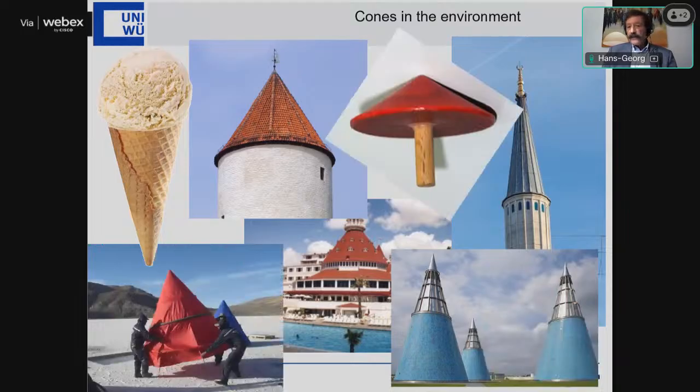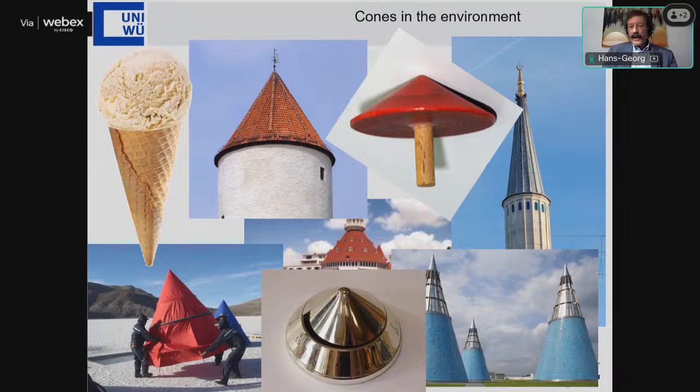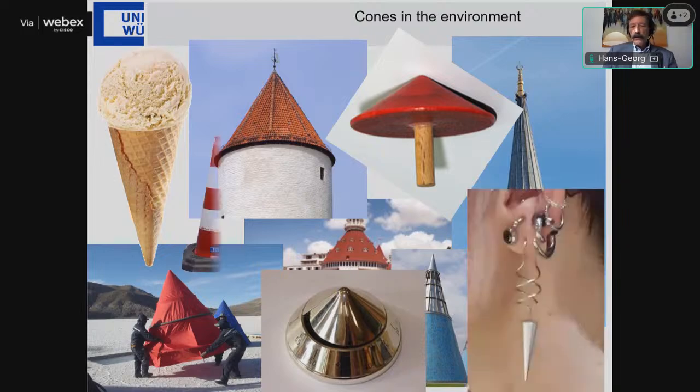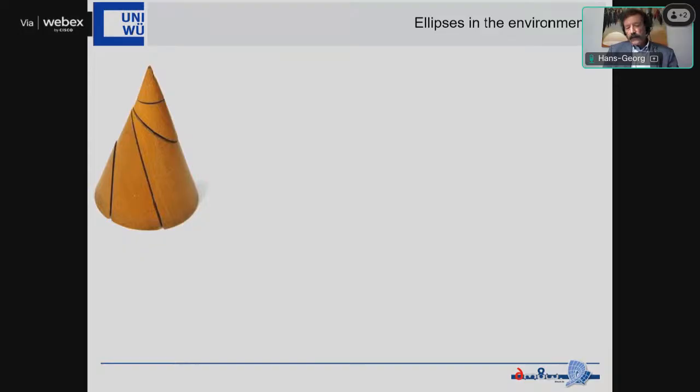There is a spinning top, and this is a timer in a conic form, and you might have an earring, or some kind of road sign. So if you look around in the environment, you find a lot of examples of conics, or maybe cones.